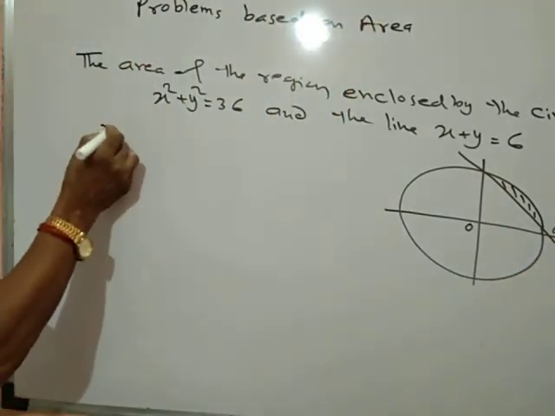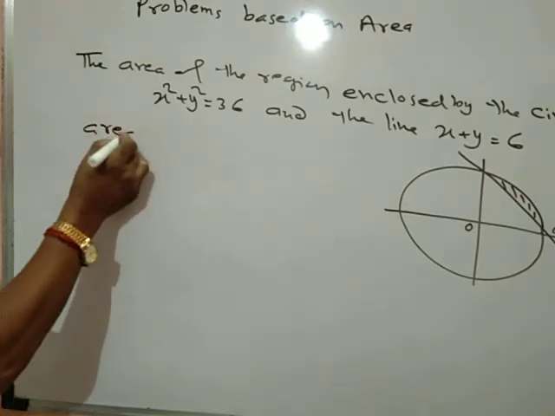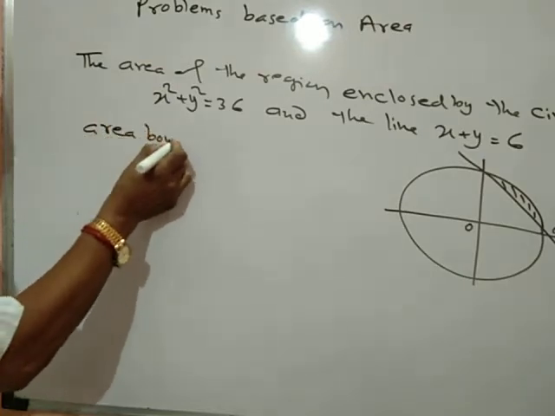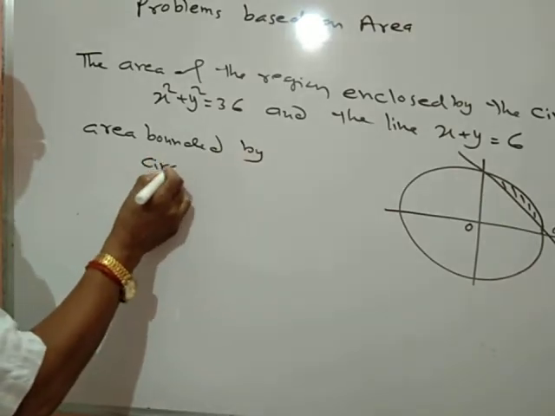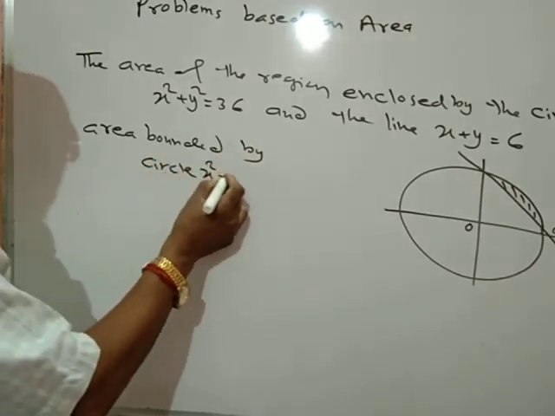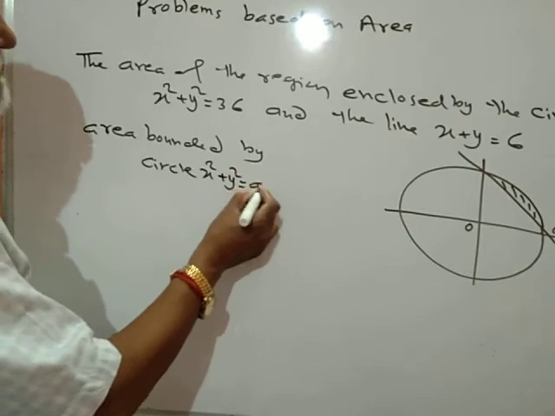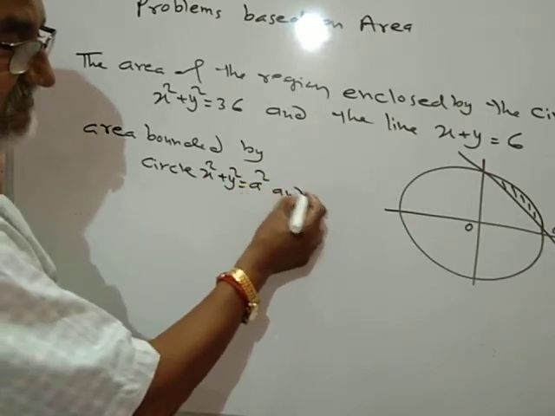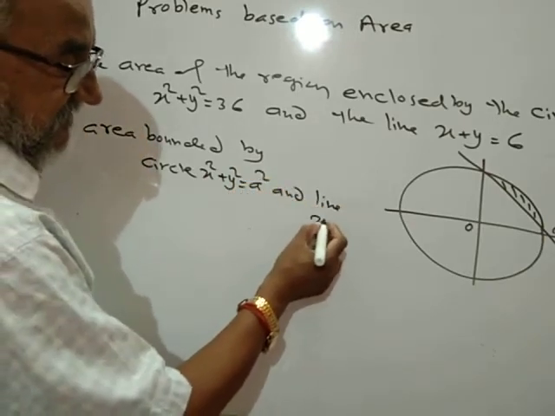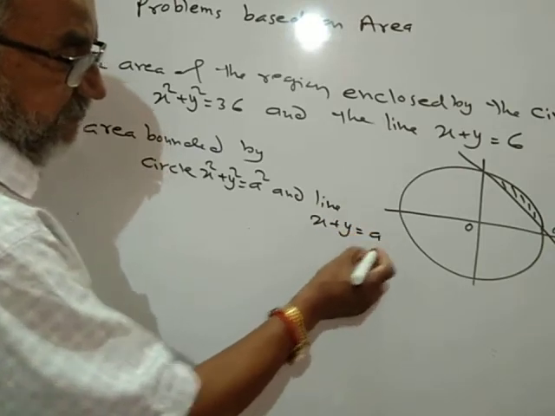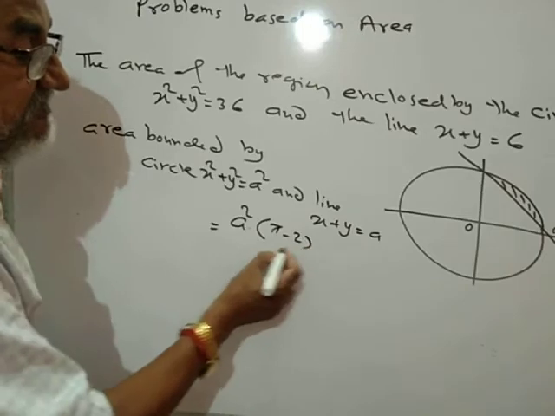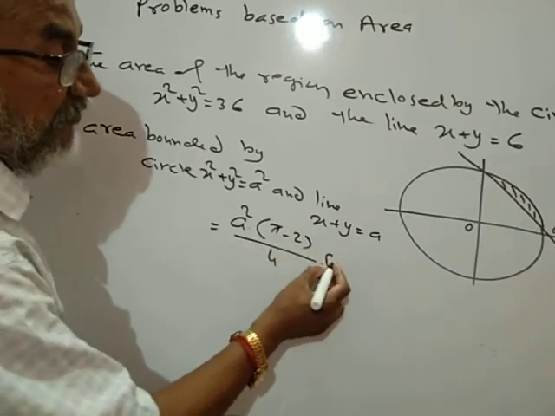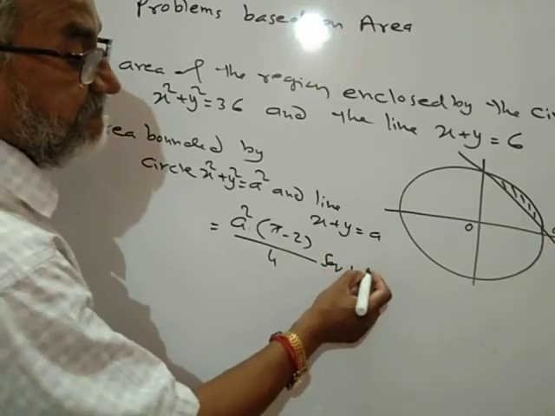So area bounded by circle x square plus y square is equal to a square and line x plus y is equal to a is equal to a square into pi minus 2 upon 4 square units.